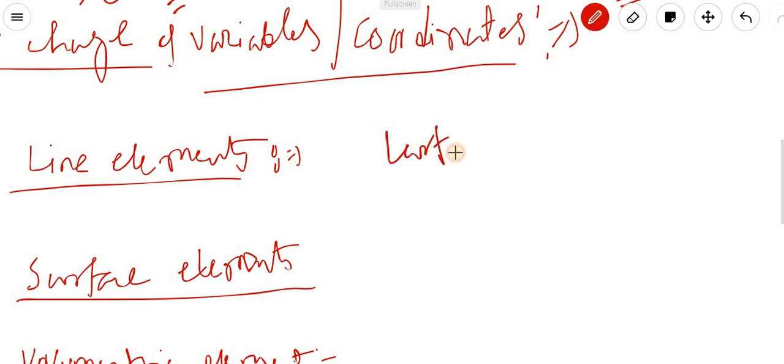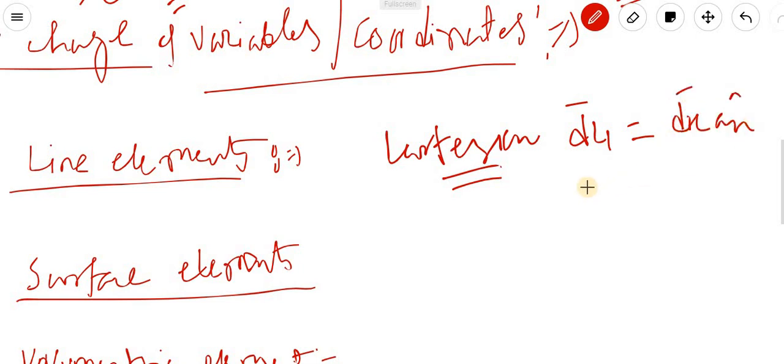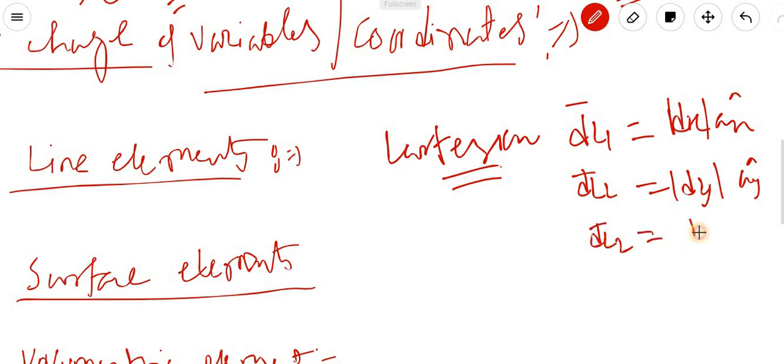The Cartesian line elements will be dl = dx ax, dl = dy ay, and dl = dz az.